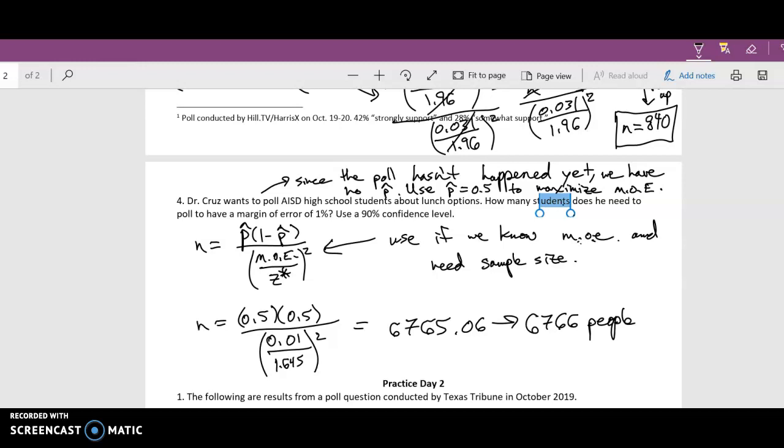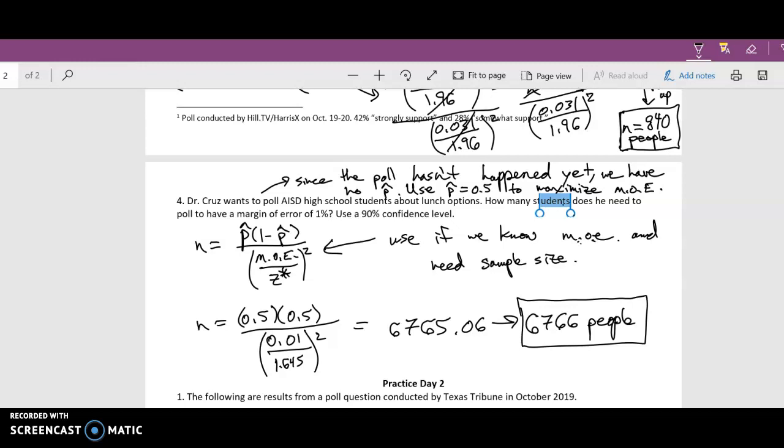I think let's make the units up here people too. I think every time we do this, we should have units here for sample size, because it may be rockets or baseballs or whatever, but there should be units for our sample size.